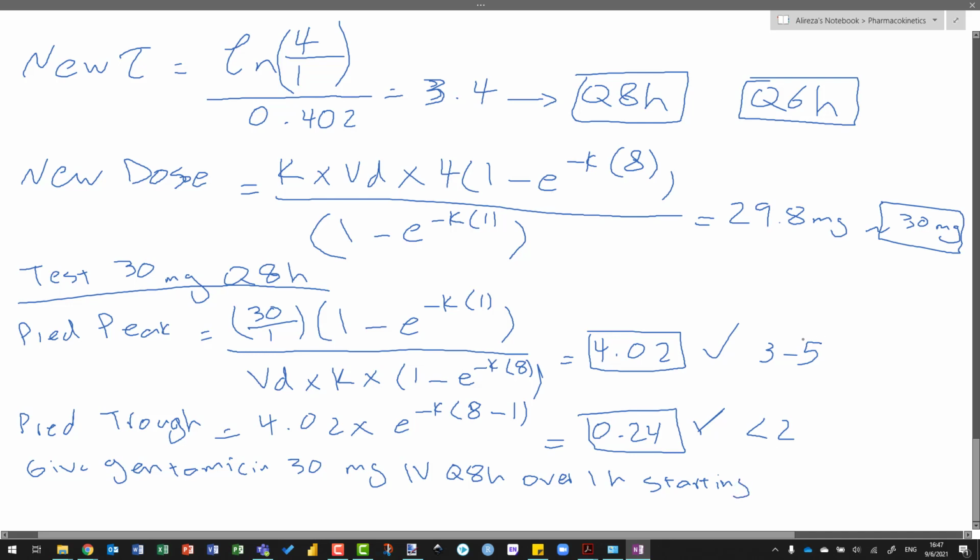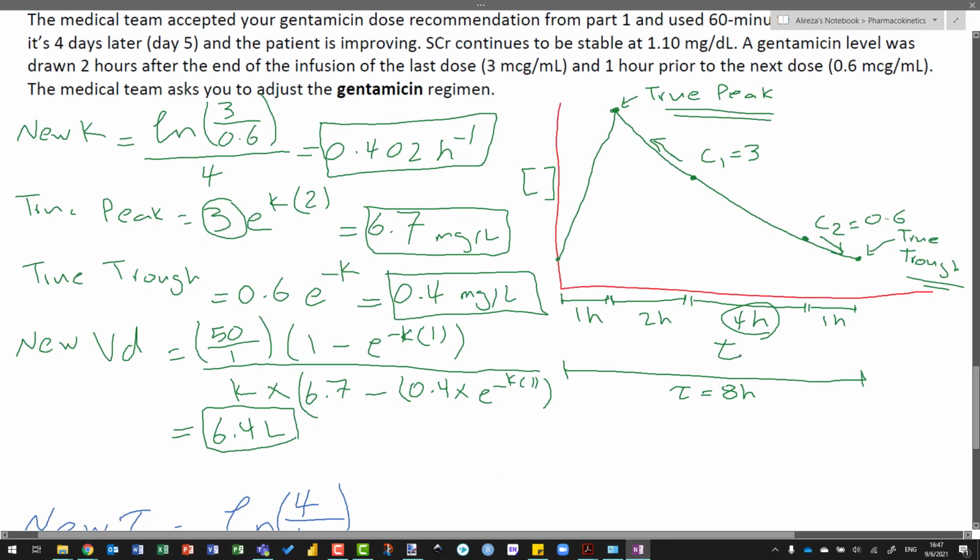Because our levels were not toxic, the reason we started this new dose was that this true peak that we calculated here, this was 6.7, and our goal was 3 to 5. So because our goal is 3 to 5 and this was 6.7, we are giving more gentamicin than we needed.